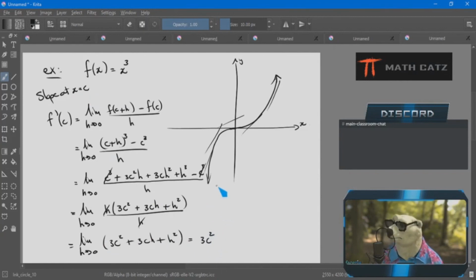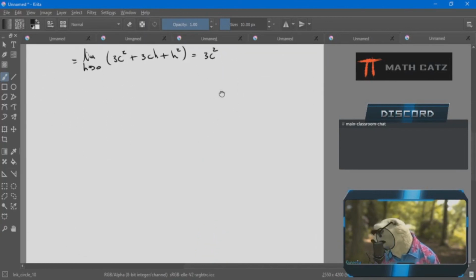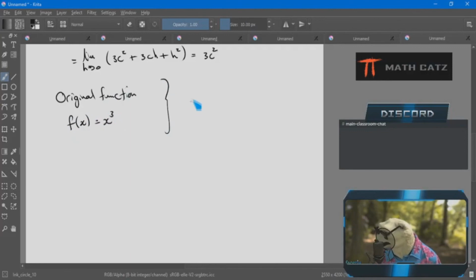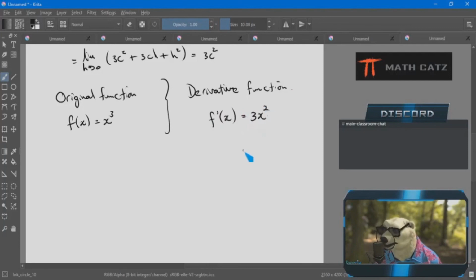This is now my formula. If you want to see it as a formula, you can, but it's actually a function. This now tells me, if the original function is my basic cube function, then the derivative, which is a function because it depends on which x value I want, whether I call it c, whether I call it x, doesn't change the fact how it's calculated. There's another pair, original and derivative.